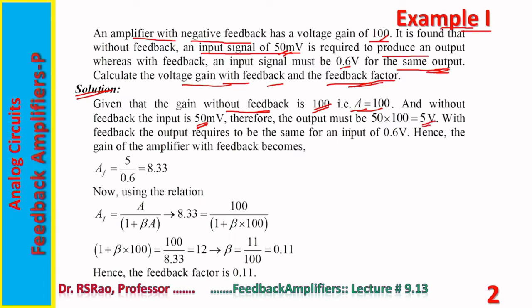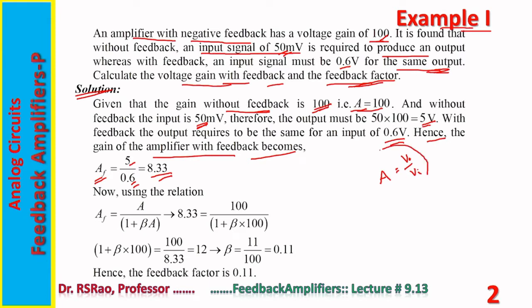With the feedback, the output requires to be same for an input of 0.6 volts. Hence, the gain of the amplifier with feedback becomes AF is 5 by 0.6. This ratio is 8.33. Notice gain with feedback or without feedback, in both the cases, it is output voltage by input voltage or output current by input current.